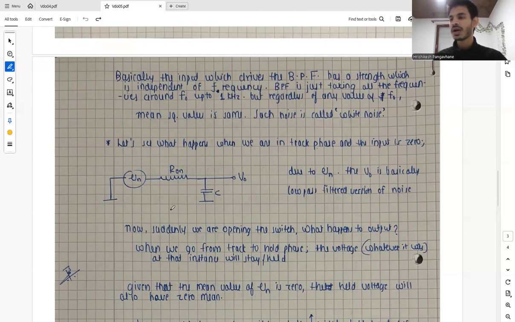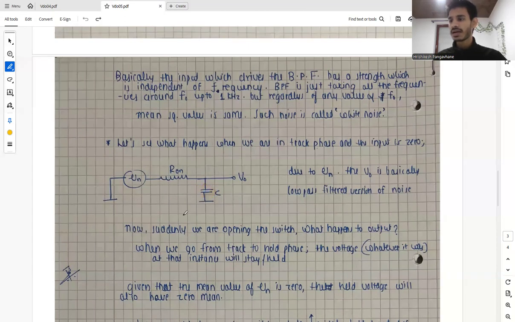When we go from the track phase to the hold phase, whatever voltage was across the capacitor, that's the same voltage as at this node. So whatever it was at this instant will be held by the capacitor.